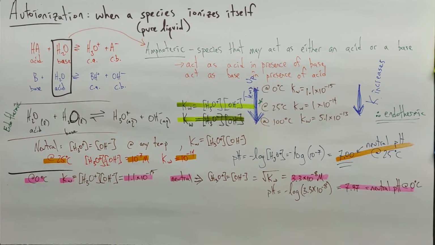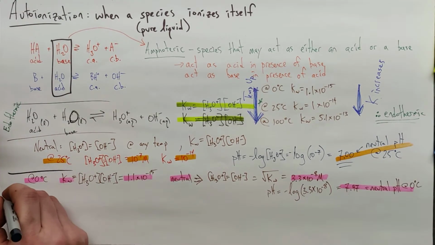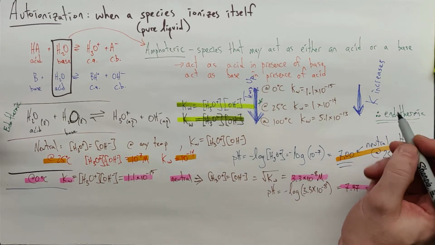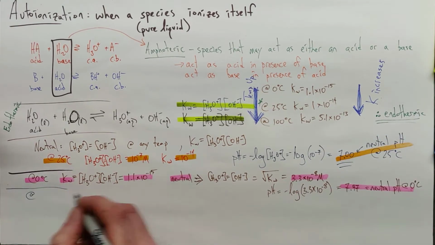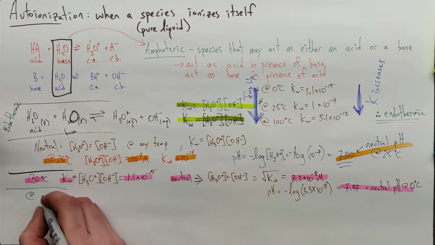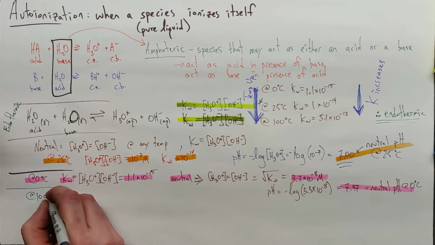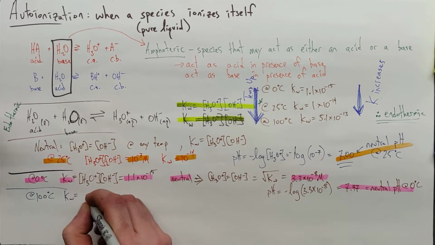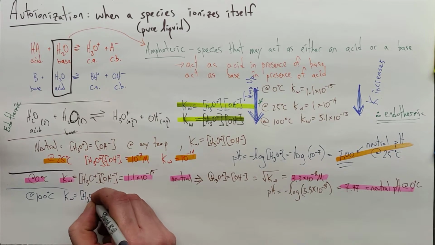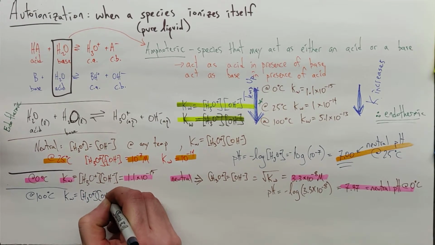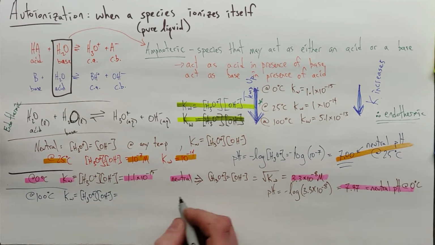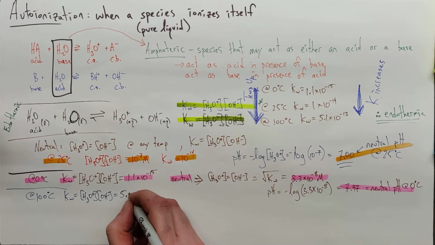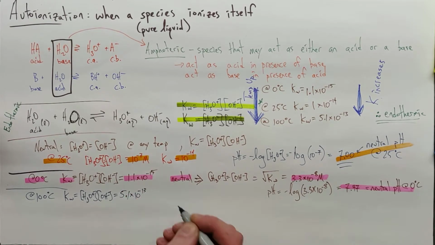That was our Kw right there. And we'll do the quick calculation for 100 degrees Celsius, which gives us this K of 5.1 times 10 to the minus 13. Kw is always H3O+ times OH-. And right now with 100 degrees Celsius, again, that's 5.1 times 10 to the minus 13.